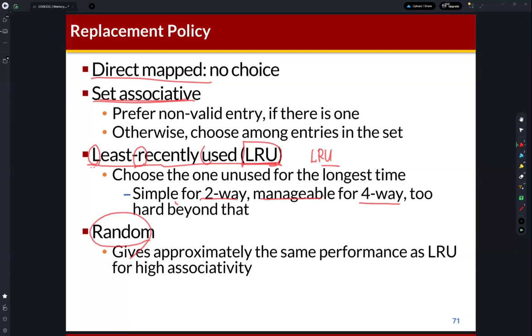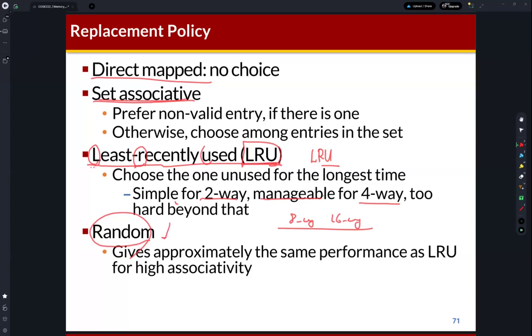If we use an 8-way or 16-way set associative cache, then the LRU implementation is very complex. So actually, commodity CPU vendors such as Intel or AMD use a simplified version of LRU.